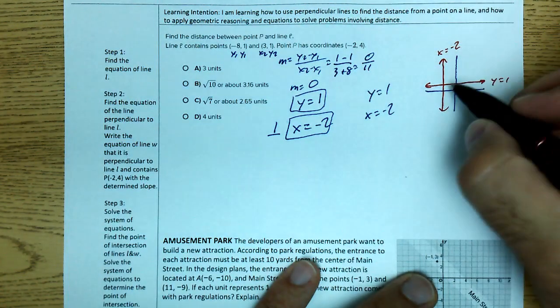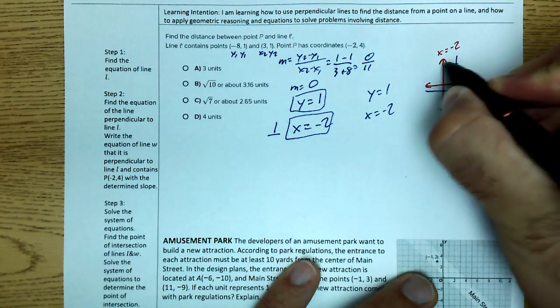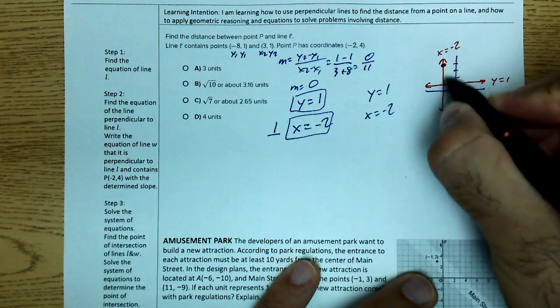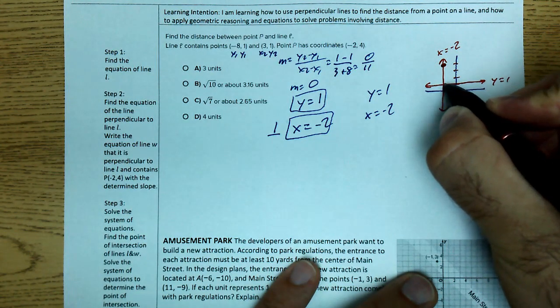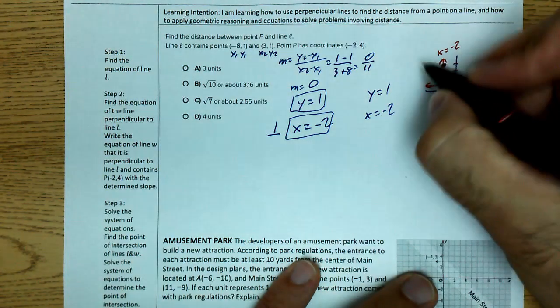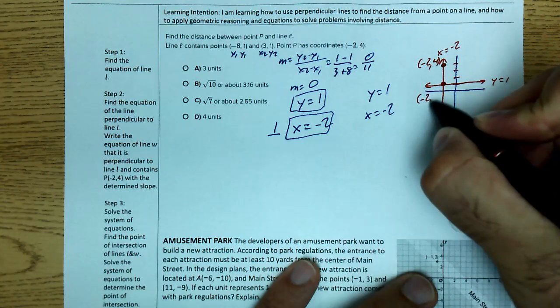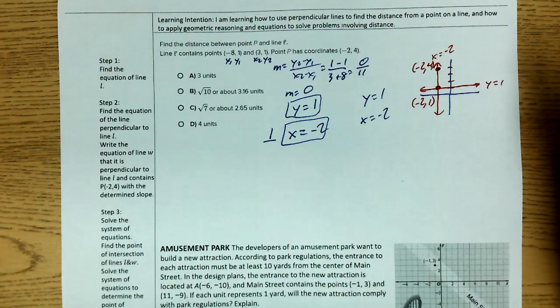My point is (-2, 4). So I know that's 1, 2, 3, 4. Well, the closest point is going to be here. And where's that point at? If this is (-2, 4), this one's at (-2, 1).